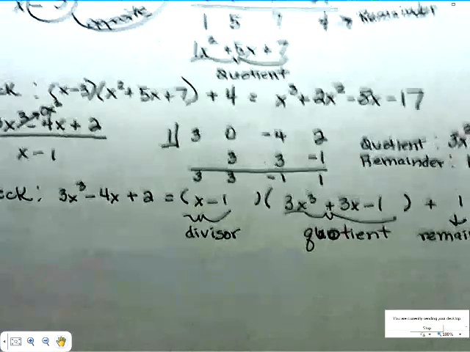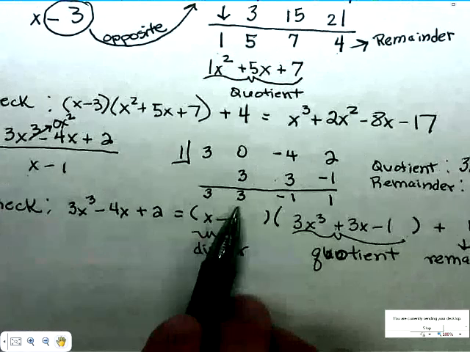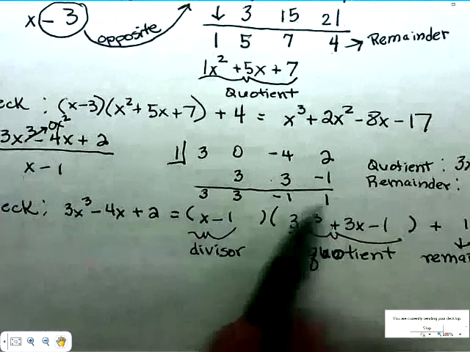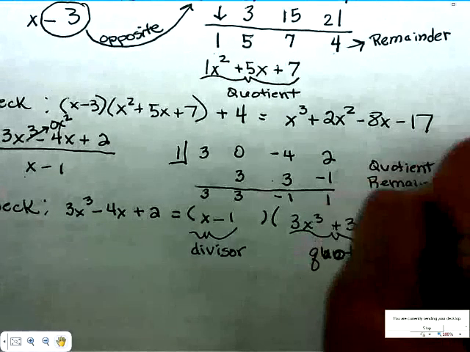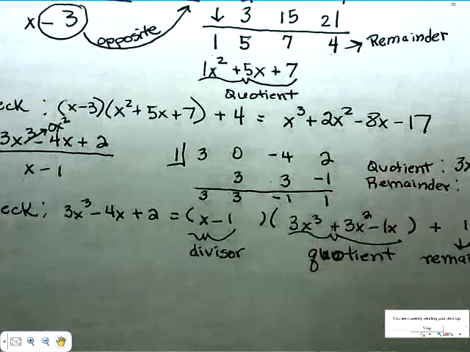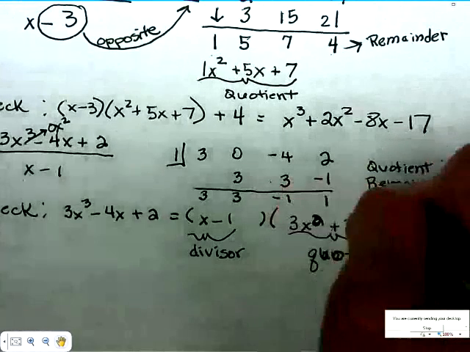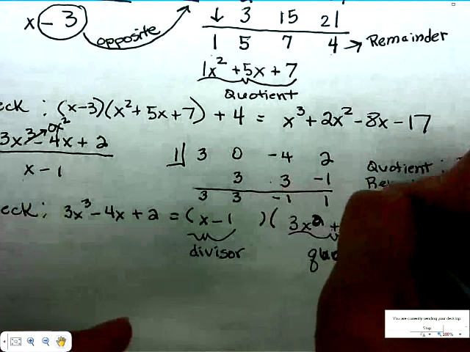Okay, what just happened? 3x cubed plus 3x squared. I left out the remainder. That's 3x cubed plus 3x squared minus x. No. Oh, 3x squared. Did I say x squared and write cubed earlier? I bet I did.